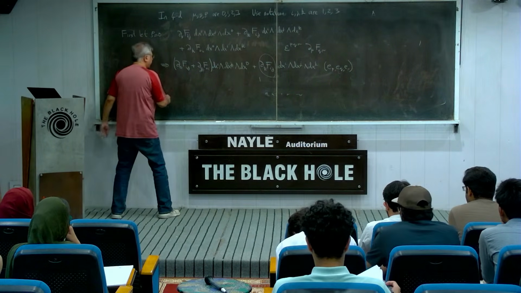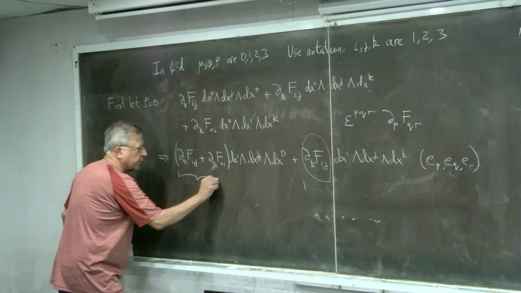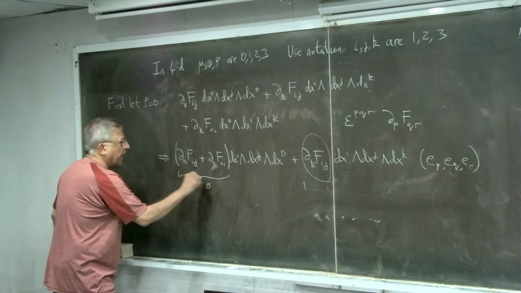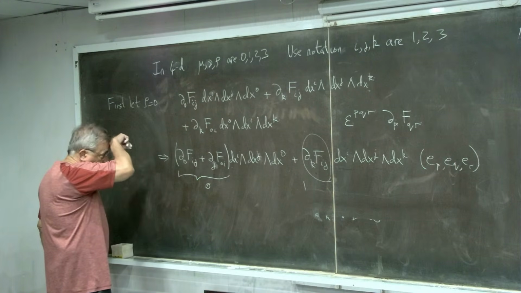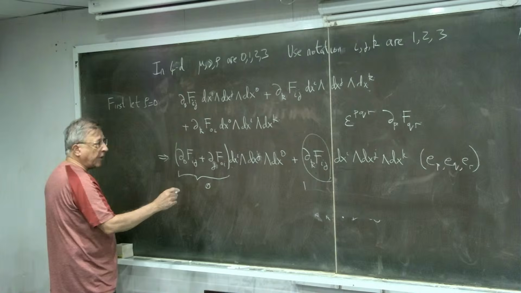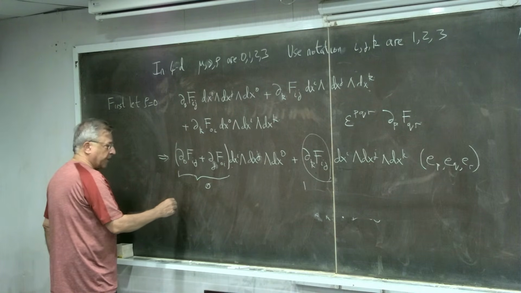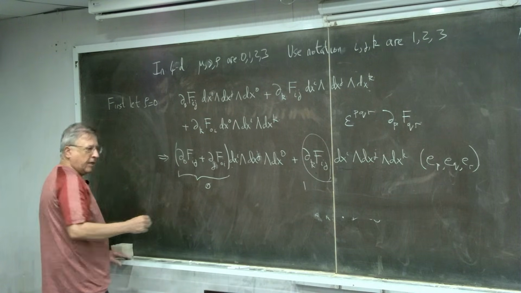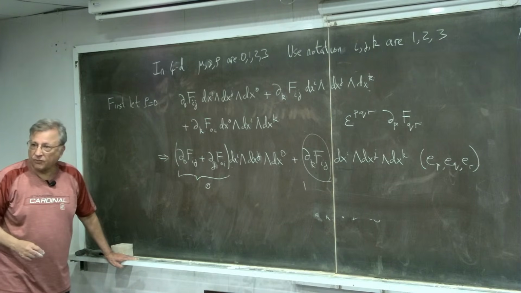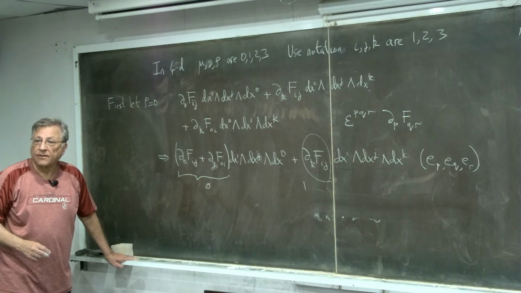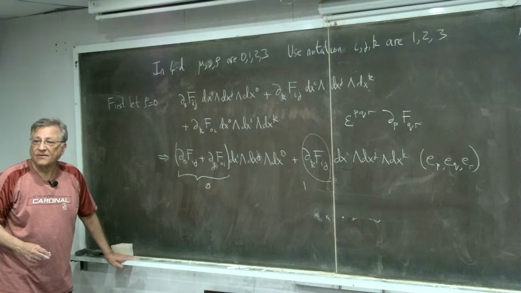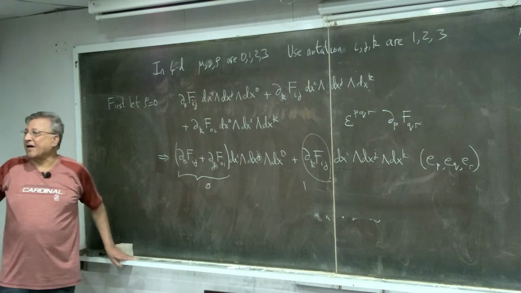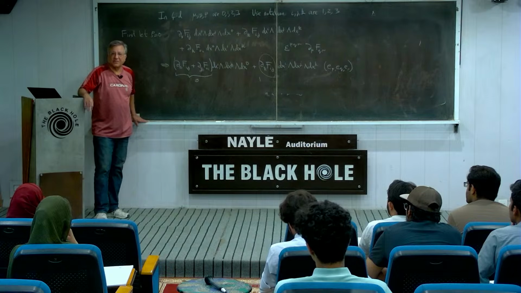Now, this is also equal to 0, and this is saying that when I, this is giving us our other Maxwell equation, which was what? Divergence of, what was the other sourceless Maxwell equation?